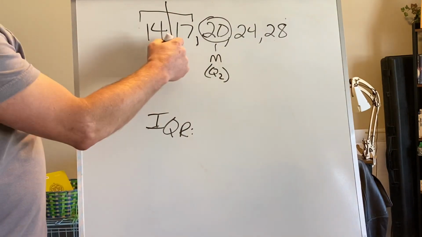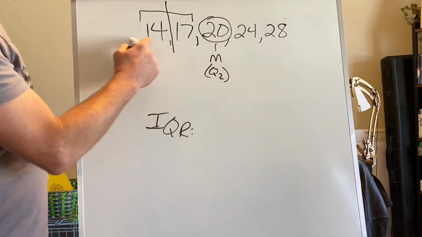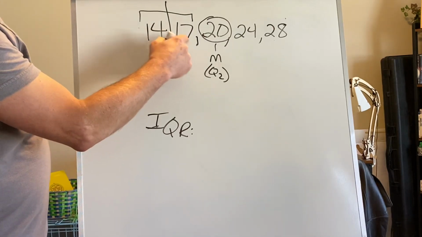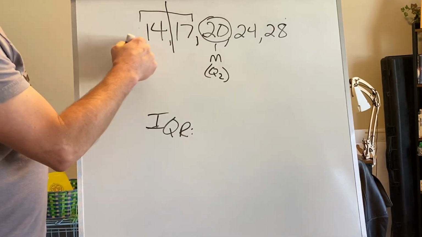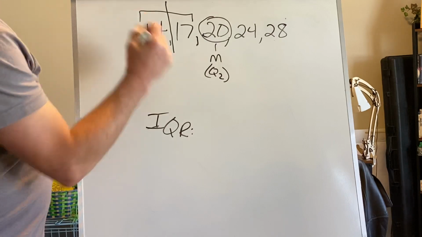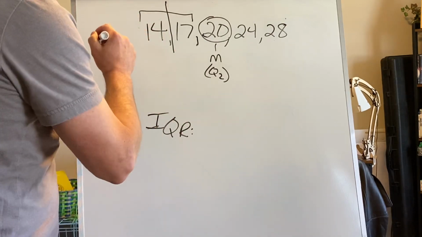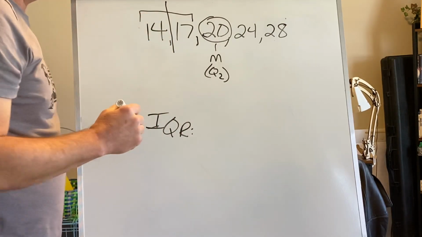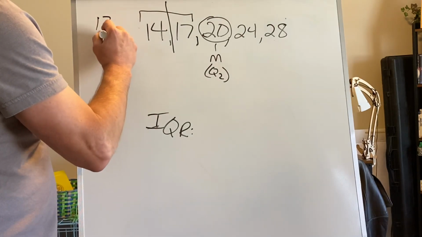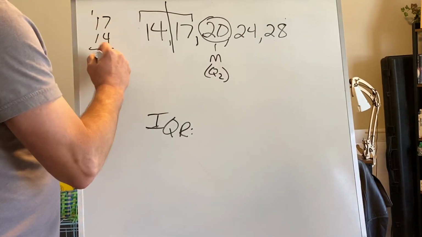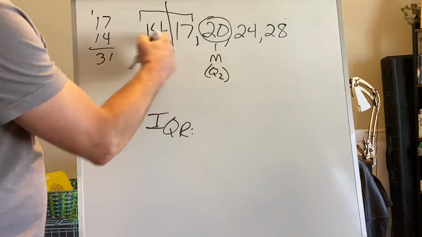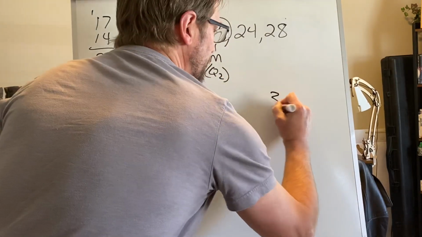Well, how do I do that? Add them together. 7, 8, 9, 10, 11. 31, right? So add them together, I get 31.